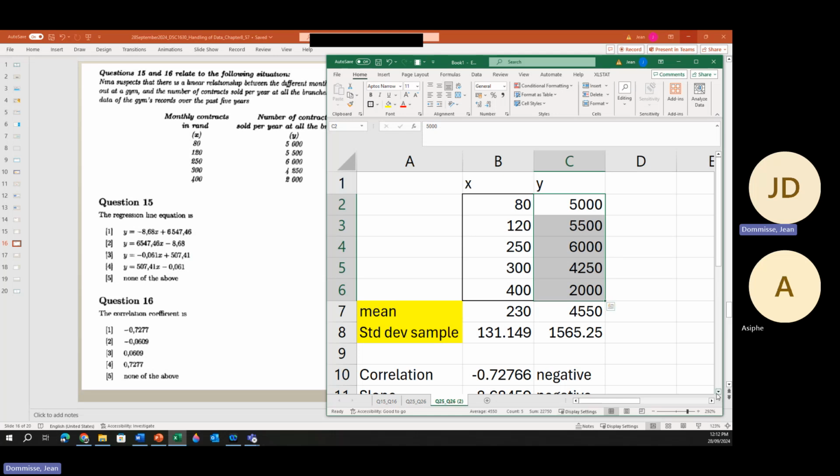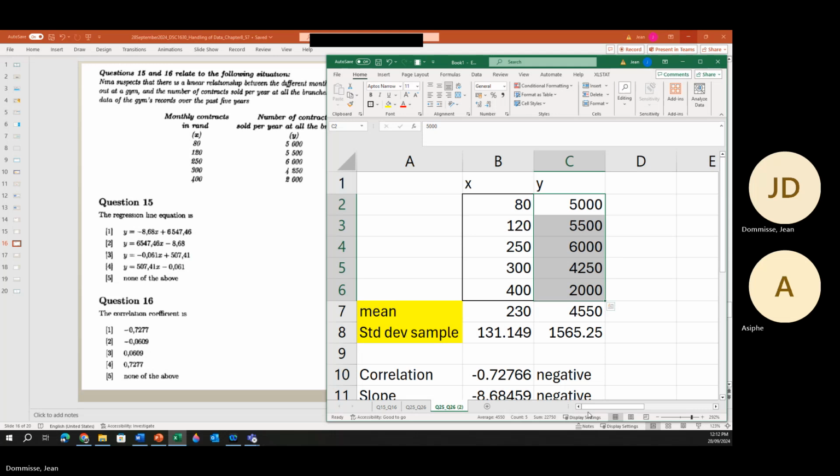Then if we look at this correlation, there we needed to work out correlation. So correlation is minus 0.72766. We can round that off to 4 decimals to get there.